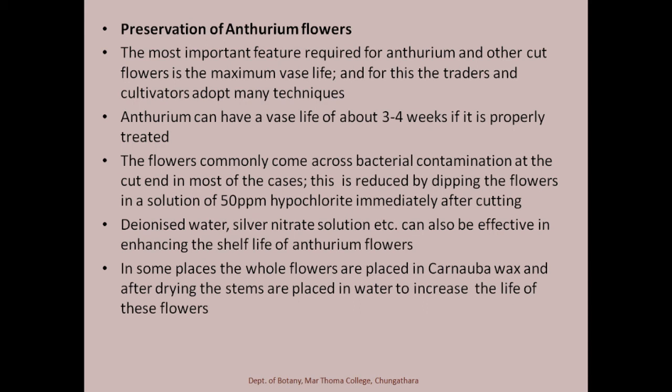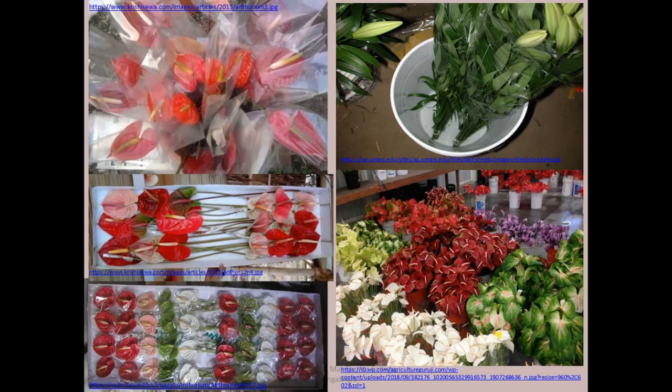Normally, the flowers are harvested while the bud is just opening, because if we harvest completely opened flowers, by the time they are marketed and reach the person for using, the flower might have dried off. So in order to ensure the correct stage of the flower in the arrangement, the flowers are harvested just as the bud opens. So these are the various preservation techniques of anthurium.